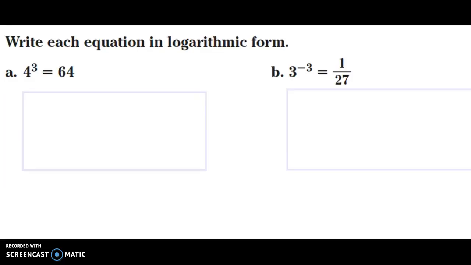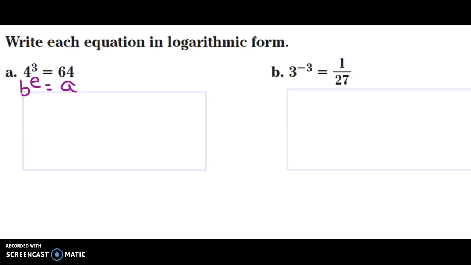I use variables to tell me what order to put these in. The large number here is the base, and then we have an exponent, which is 3. And then what we get out is our answer. If you can just remember the letters B, E, A, you'll remember what order to put them in.